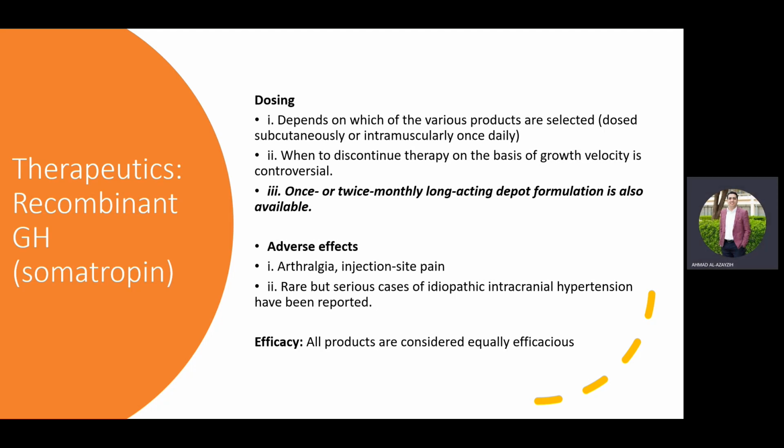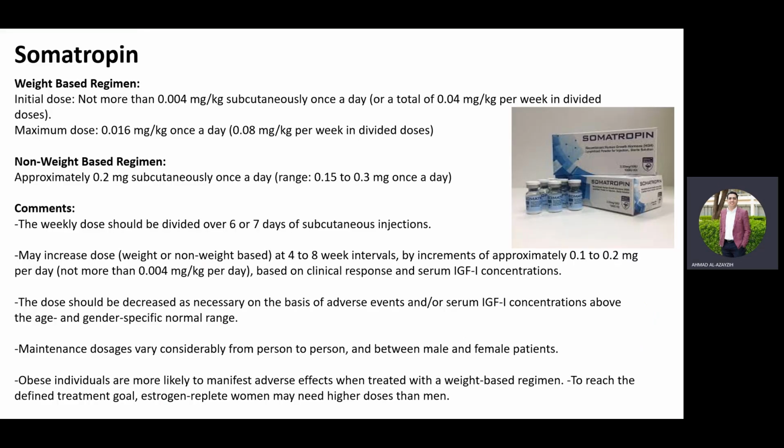Side effects for this agent include arthralgia, injection site pain, and also a severe life-threatening side effect, idiopathic intracranial hypertension, has been reported among those patients who are taking growth hormone.